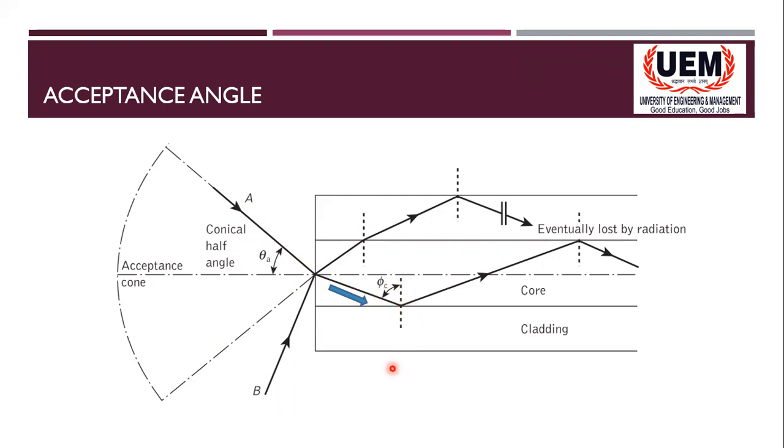Since this is forming a critical angle, we can say that this light is totally internally reflected, and it is not leaking into the cladding portion, so it goes on following this path, and again it achieves a critical angle in this region and again gets reflected in the core region.